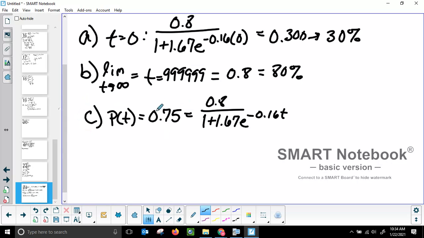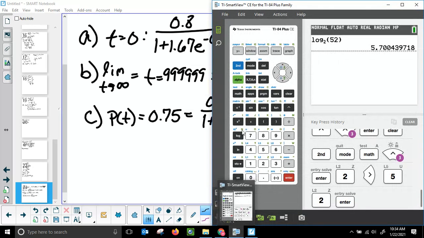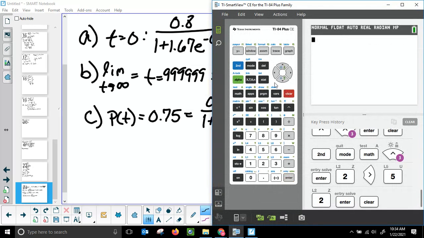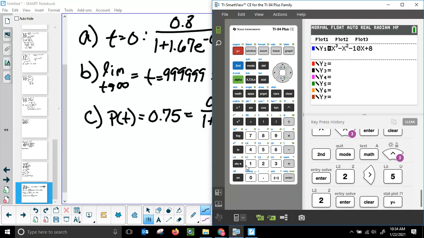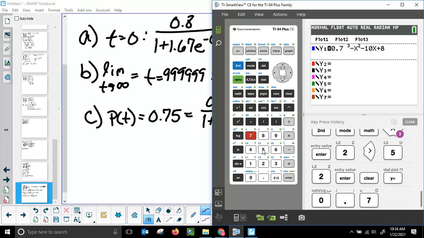You can put just 0.75 into y1. You can put this into y2, and you can see where they intersect. Or you could subtract 0.75 from both sides and just find the 0. Either way, it's up to you. All right, so I'm going to go ahead here and say 0.75. Oops.